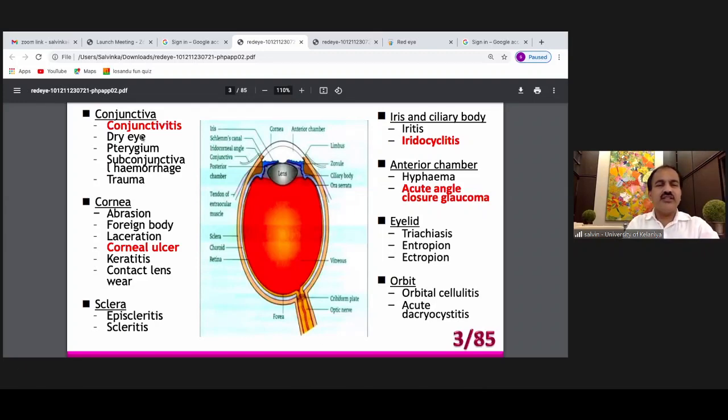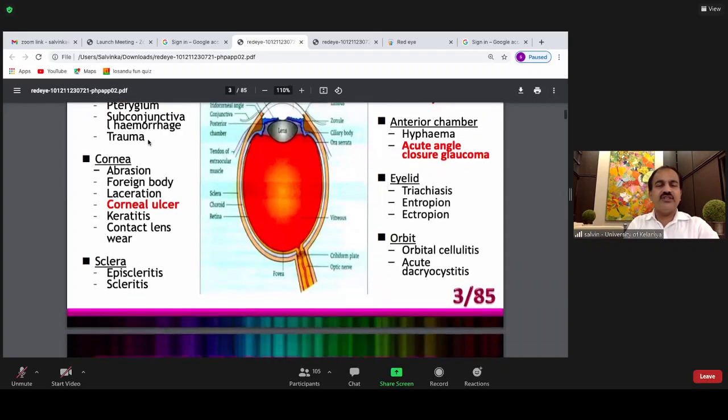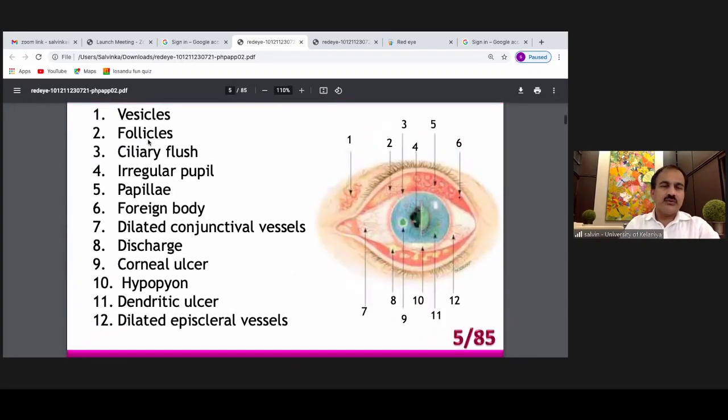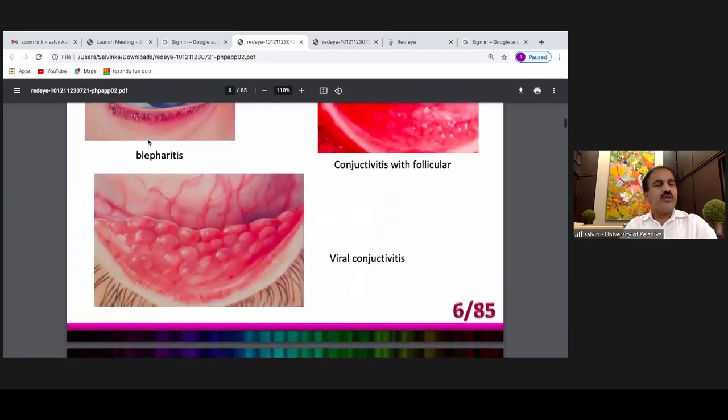We'll take conjunctivitis first. What do you mean by conjunctivitis? It is the inflammation of the conjunctiva. It can be due to, very commonly, viral conjunctivitis.